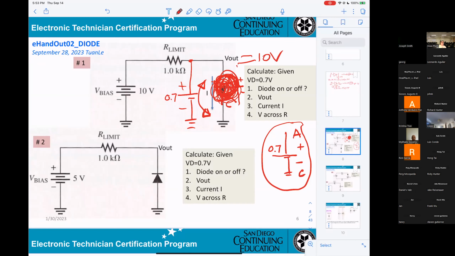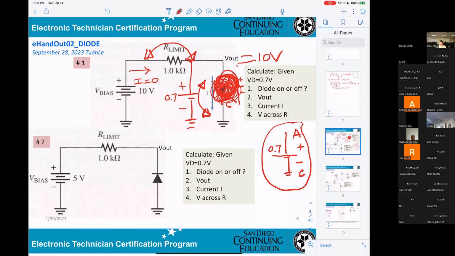You just don't know why. The thing is, when you open here, the current flow here equals 0. It's an open circuit, no current flow. Equals 0, the voltage across this resistor will be 0.